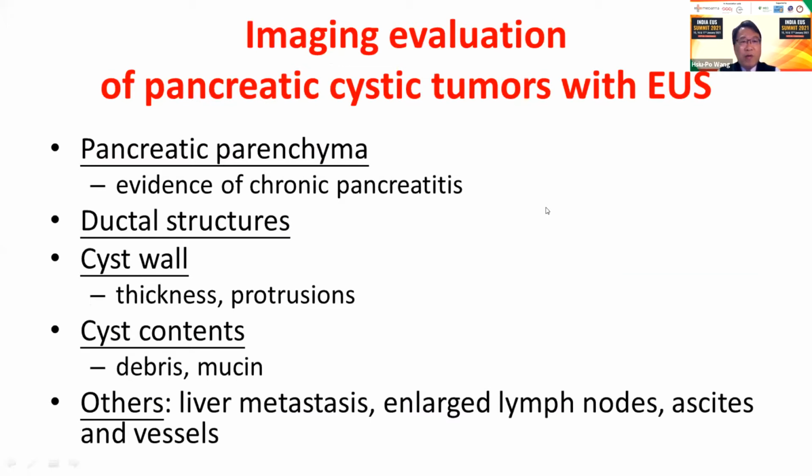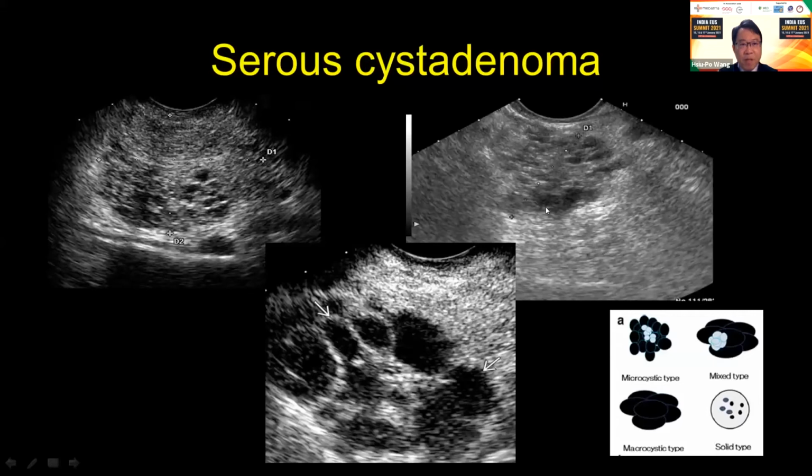The image evaluation of pancreatic tumor includes the pancreas parenchyma, ductal structure, cyst wall, cyst content, and others, including the metastasis.